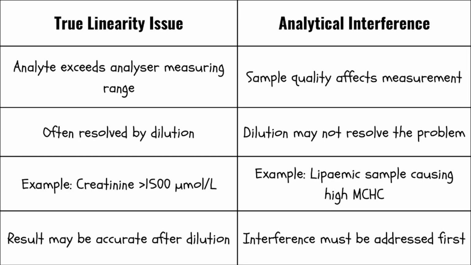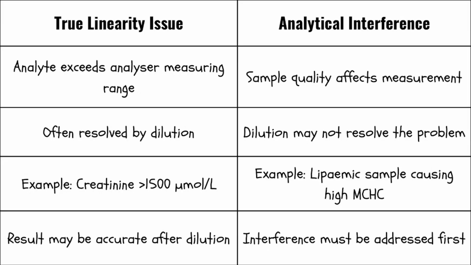Against that, if it is interference due to hemolysis or lipemia, as the case may be, the sample quality will affect the measurement. I want you to note the difference. When the linearity fails due to sample quality, it does not mean that the concentration of the analyte exceeds the measuring range. However, it does mean that the sample quality has affected the measurement.